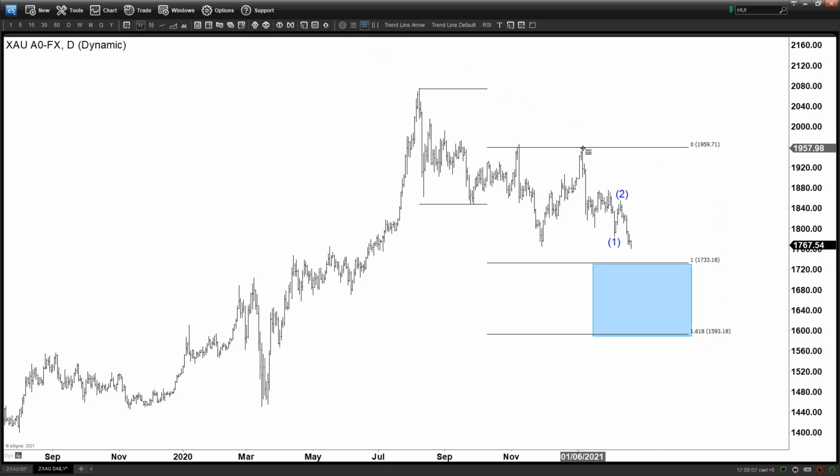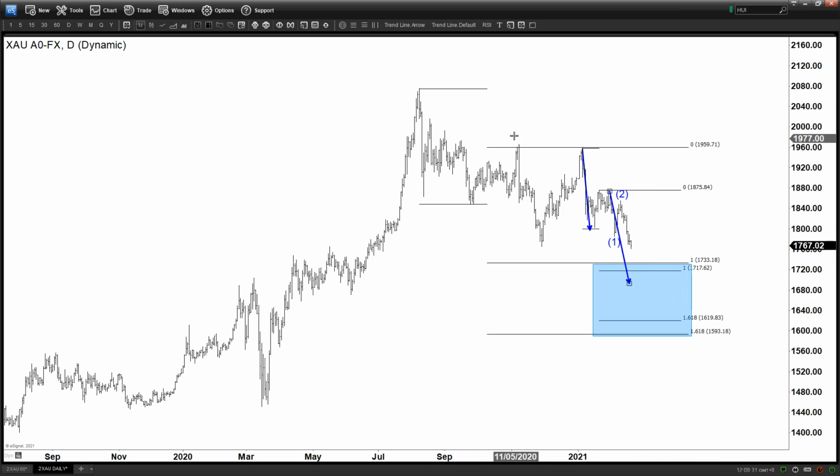Notice if I look at it from the internal, I get more or less the same area. The internal is just 1720 and 1619. So there is an overlap between this 100% and this 100% here. That will be the potential support for gold, and we are still bullish gold because it made a new all-time high here, and then this is corrective.